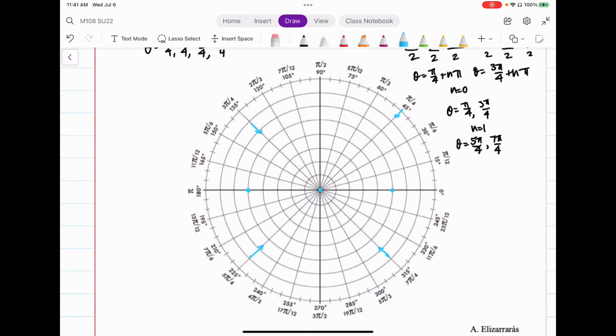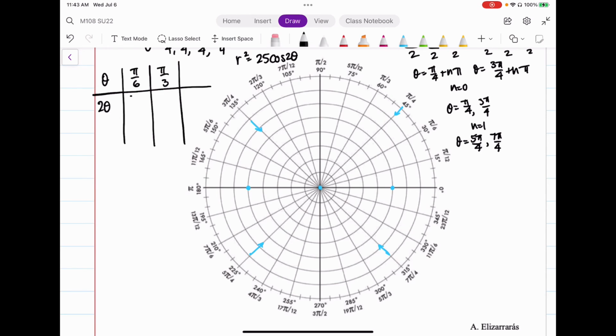I then need to find a couple of values between those zeros. 2 theta means we're really dealing with pi over 3 on the unit circle and 2 pi over 3. Then the cosine of 2 theta is the cosine of pi over 3, which is 1/2, and the cosine of 2 pi over 3, which is negative 1/2.